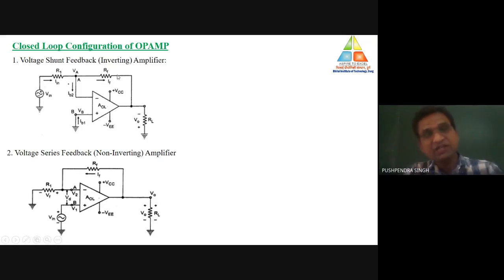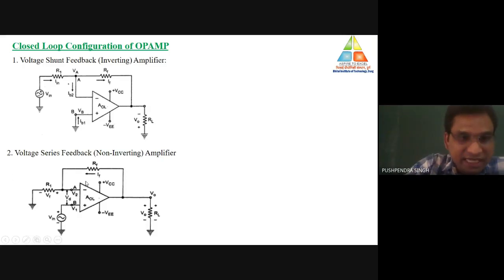But what is the connection of the feedback with the input? It is connected in parallel with the input. Why parallel? Both these points are grounded, and if you concentrate on VA and this ground terminal, RF will be in parallel with the input. That's why the connection is voltage shunt. So the inverting amplifier is also called voltage shunt feedback.